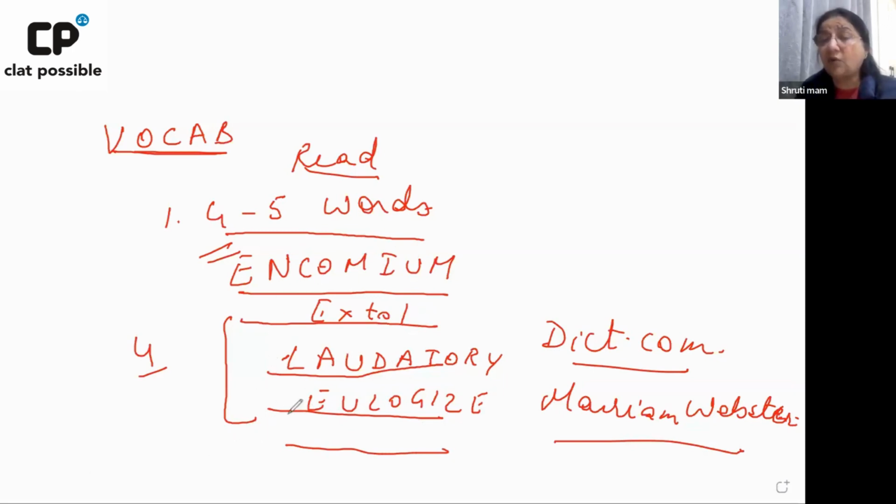Now, like this, how many words? Almost 4 to 5 words from the newspaper, I can pick up. Or suppose I am very confused with newspaper words, then an easy method would be to open your black book of vocabulary, which ClatPossible has given you.